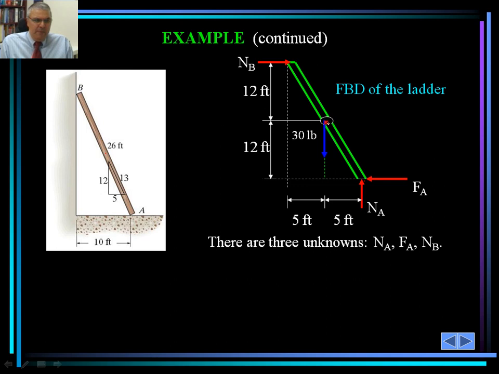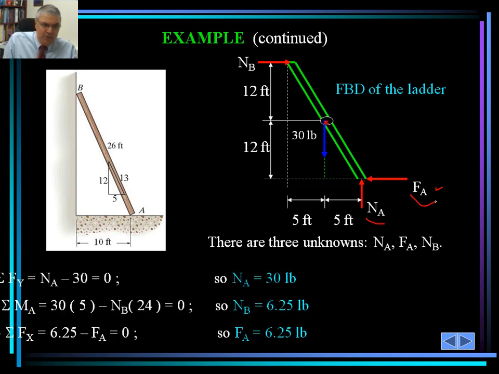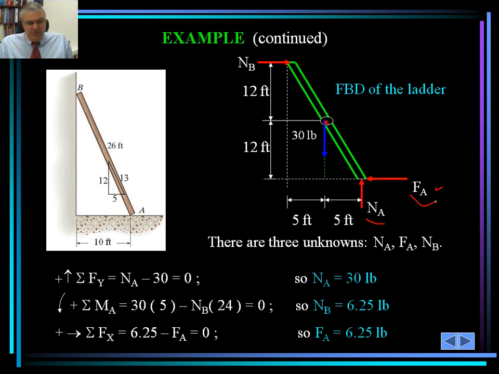Now there are three unknowns here: N_A, F_A, and N_B. All we need to know is the dimensions, and we know W, the weight of the ladder. So we need to calculate N_A, the normal force at point A; F_A, the force parallel, that's the friction force; and N_B, which is normal at point B. So simply we use the equations of equilibrium.